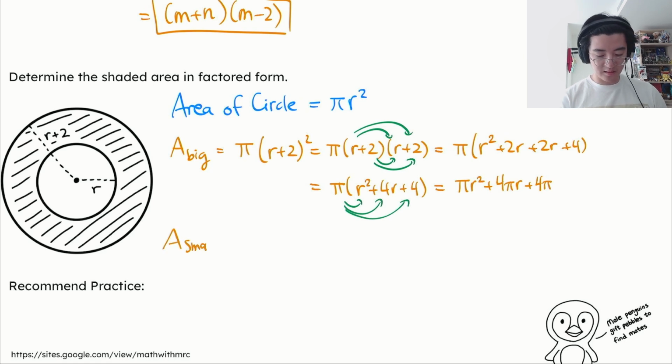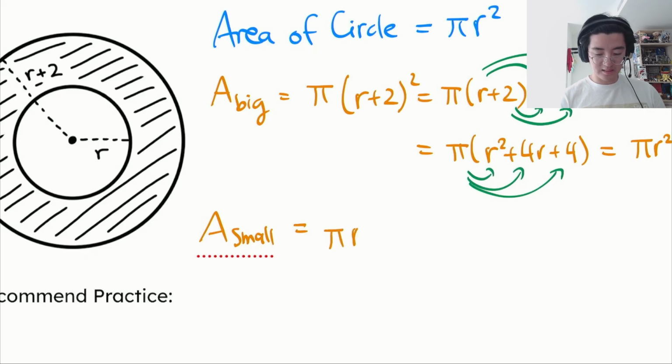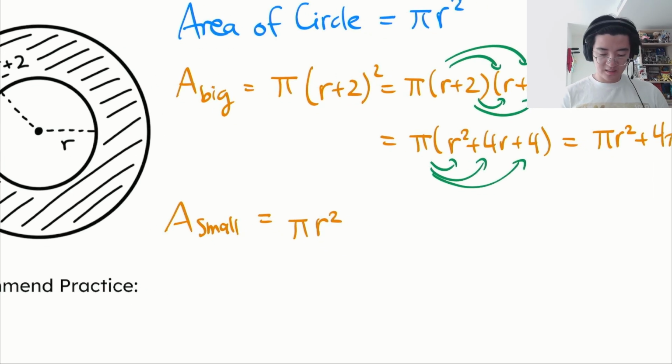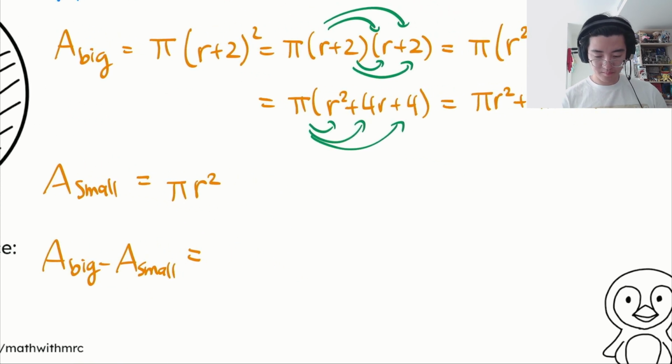Now for the small area, nice and easy, it's just pi r squared. The radius here is literally just r, so pi r squared. Now, for the final answer, area big minus area small.